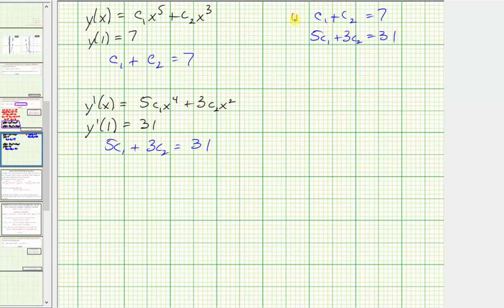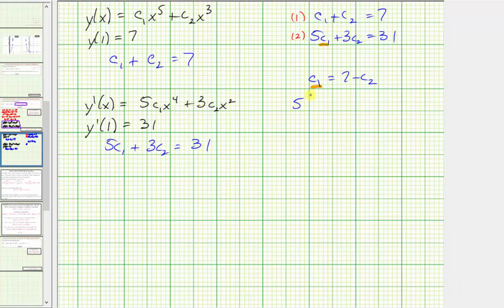So if we call this equation 1 and this equation 2, if we use substitution, let's go ahead and solve equation 1 for c sub 1. Using equation 1, we'd have c sub 1 equals 7 minus c sub 2. Now let's go ahead and perform substitution for c sub 1 in equation 2.